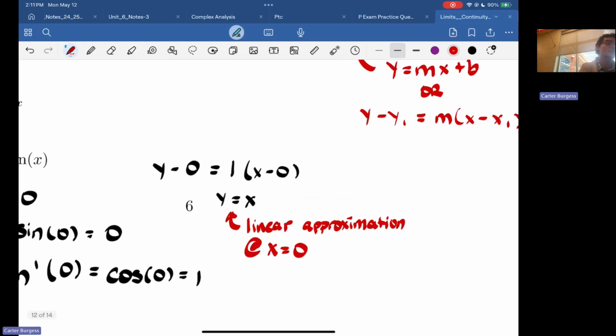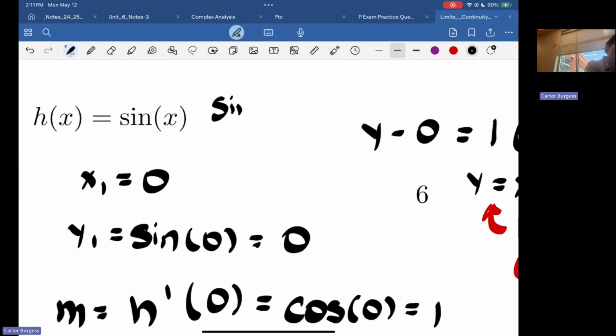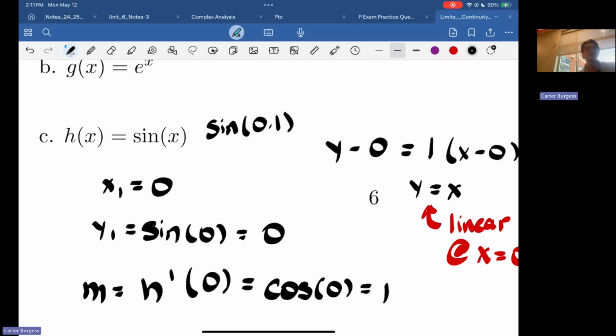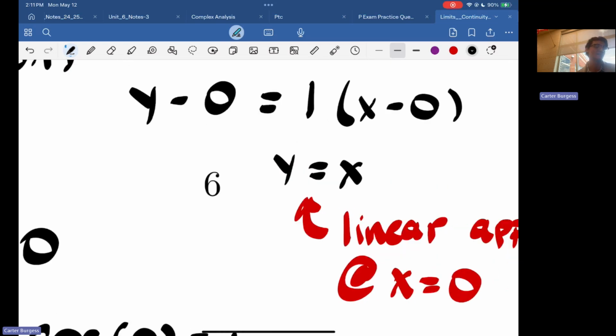For instance, if I wanted to guess at what sine of 0.1 is, is that a unit circle angle? No, that would be pretty hard to directly compute. But I know that around 0, my function acts like the line y equals x.